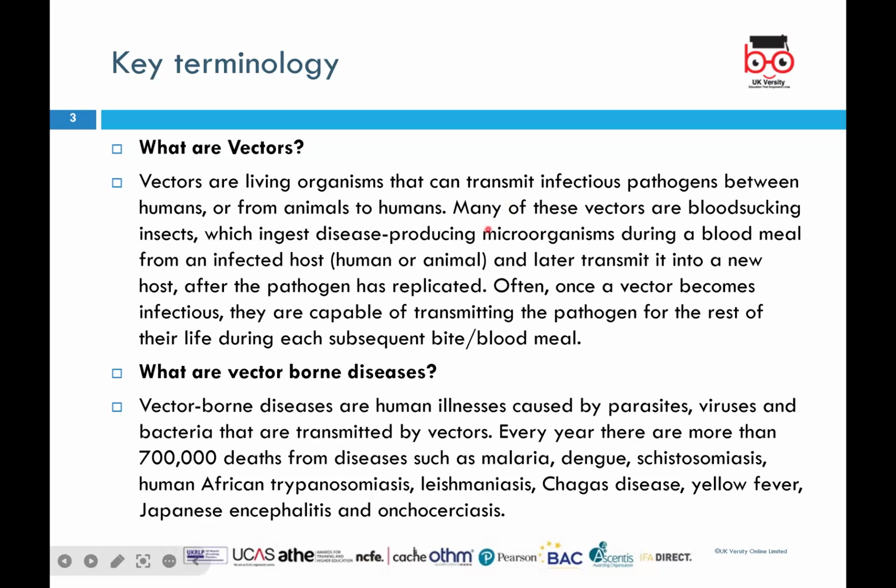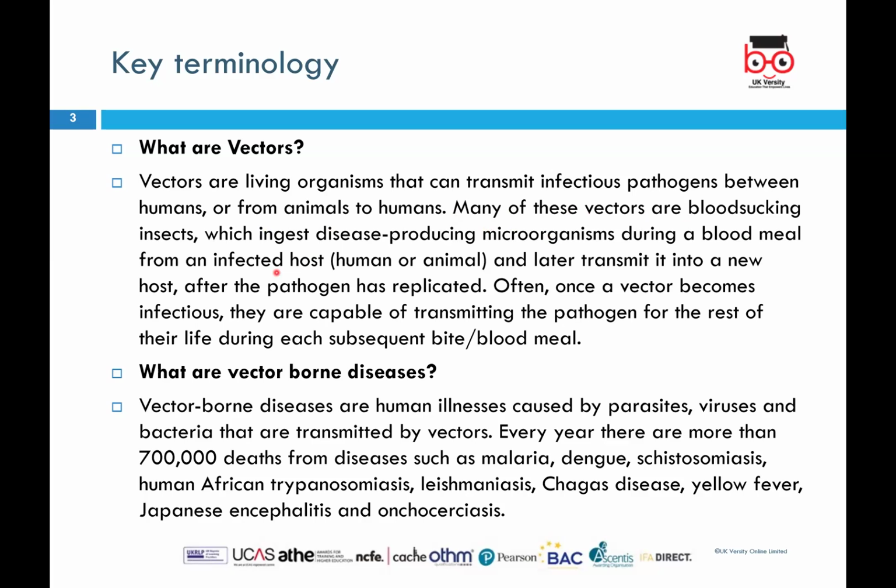So the microorganism, or the malarial parasite, gets into the body of the vector, which is the mosquito, during this blood meal. If I don't have malaria and a mosquito sucks my blood, and the mosquito doesn't have malaria in its blood either, the mosquito will not be harmed, and I would not be harmed.